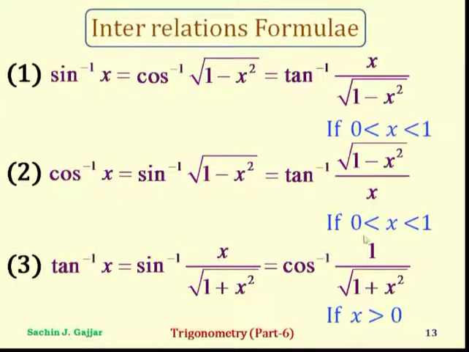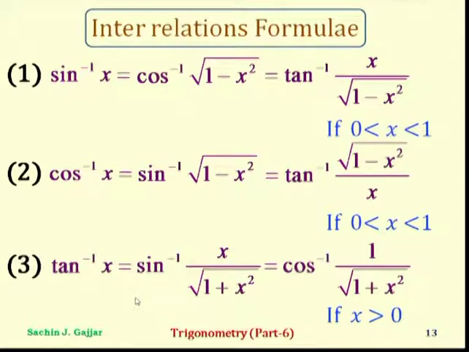So these are interrelation formulae, and these are very important. So please note down in your notebook and try to remember these formulae, because we are going to use these formulae in our examples. Okay.